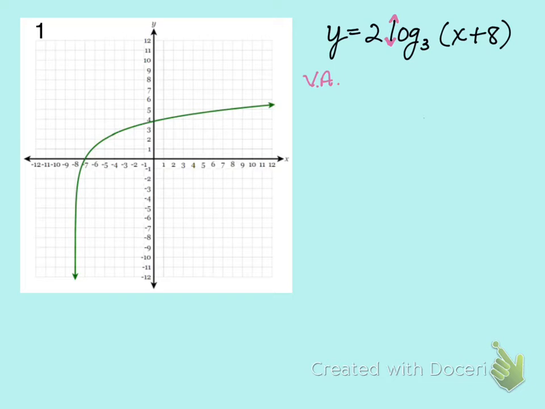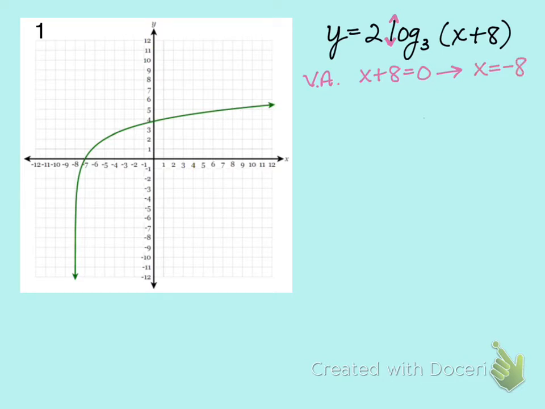The vertical asymptote for log is found by taking the expression after the log and setting it equal to 0. So we take x plus 8 and set it equal to 0. With that, we know that x has to equal negative 8.